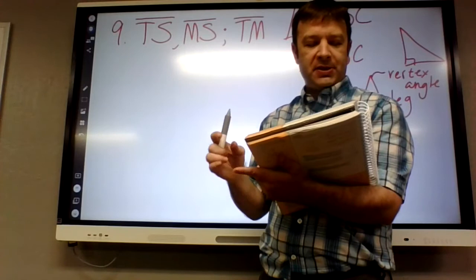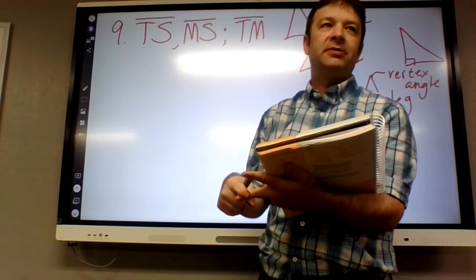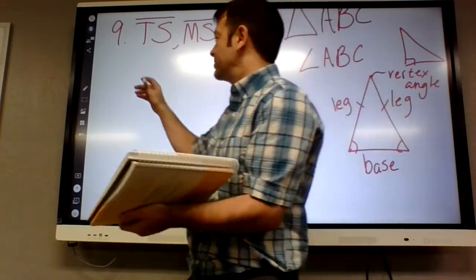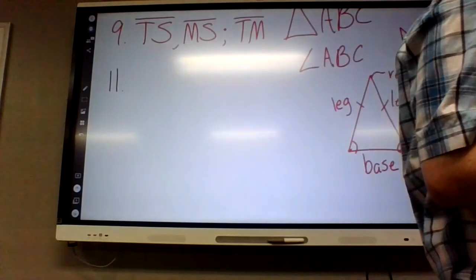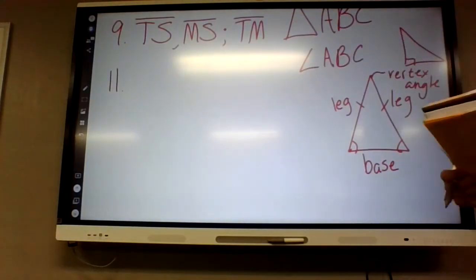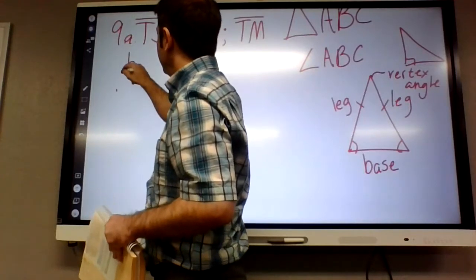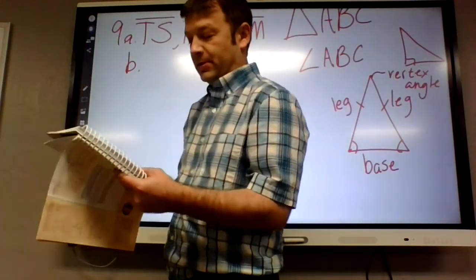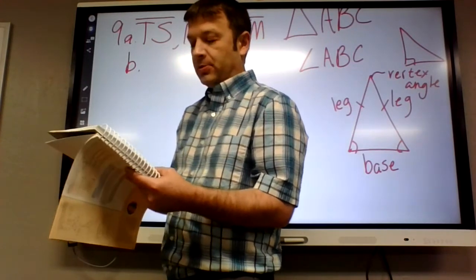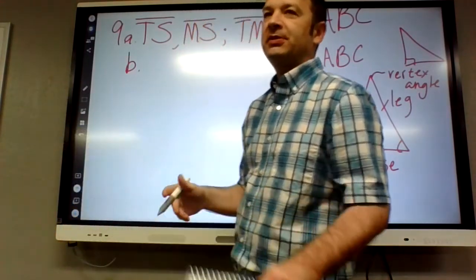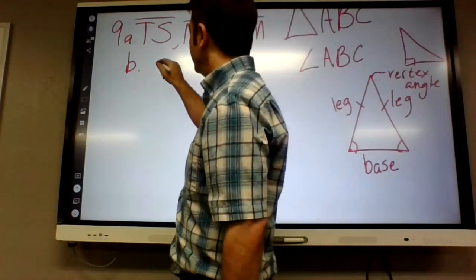On B it says the vertex angle and the base angles. So the order does matter, because if you just list all the angles out of order, you do need to say the vertex angle first. The vertex angle was S, the one that's kind of off by itself.